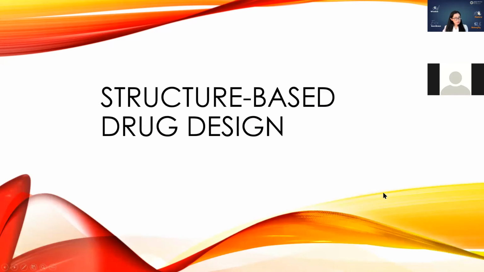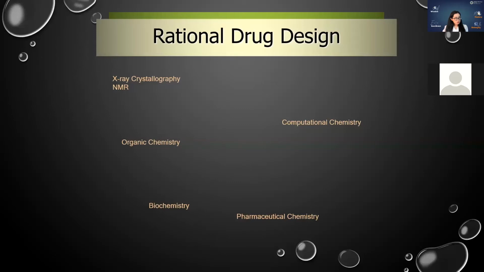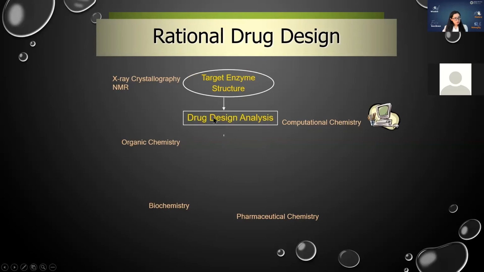The next concept is structure-based drug design. So structure-based drug design, or rational drug design, comprises several fields and several experts. X-ray crystallography or NMR spectroscopy will be the fields used in order to discover the target enzyme structures. The target enzyme structures will be used by computational chemists in order to design the molecule.